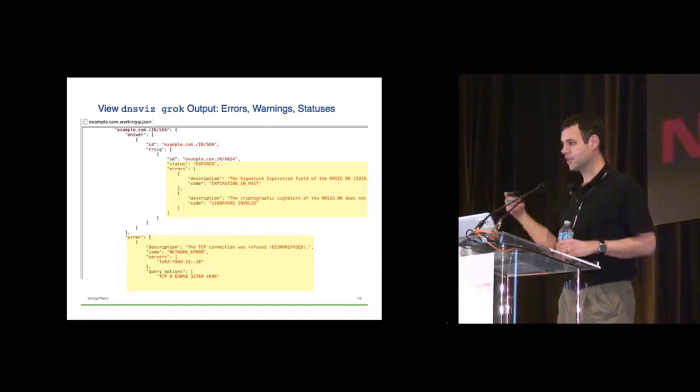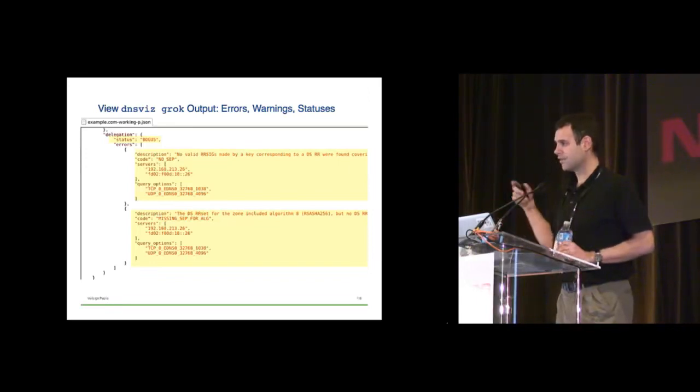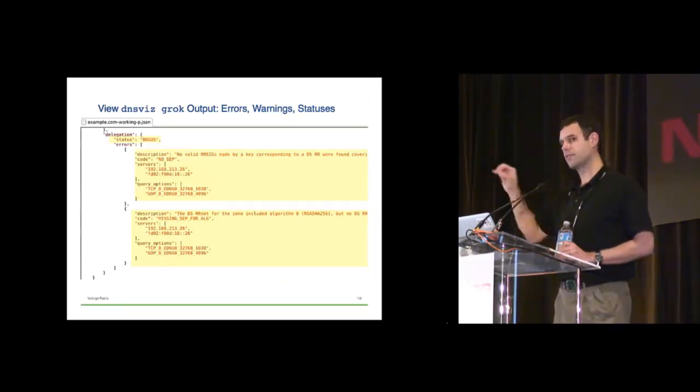Okay, so just some additional items there in our output, DNSViz grok output. And then in this part, we're seeing the delegation status that will show up in there as well. All these correspond to different parts in that graph you were seeing, but again, they have a programmatic output.